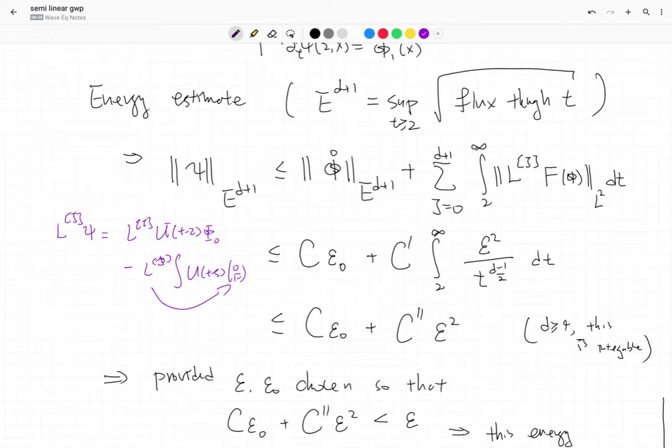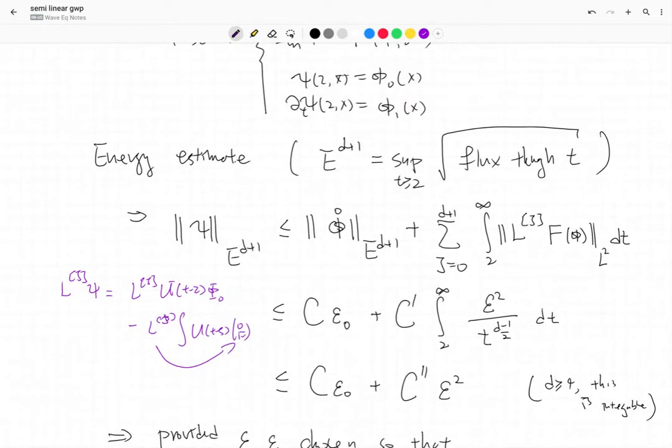This is what we did in the first step of this proof. In this term, just to disambiguate, we use C prime for the constant that comes up: C prime times the integral from 2 to infinity of epsilon squared over t to the (d minus 1) over 2. Basically, for every fixed t we'll be integrating from 2 to t here. But since we're taking the supremum over all possible t's, we can just take t to infinity, and this will definitely bound every one of the sub-integrals.